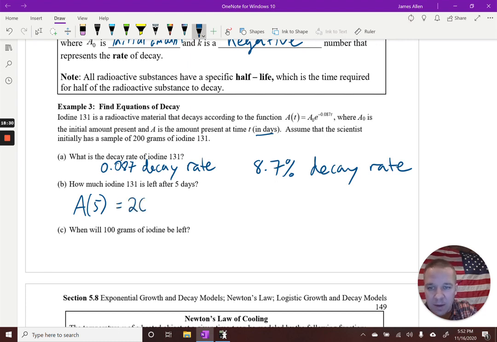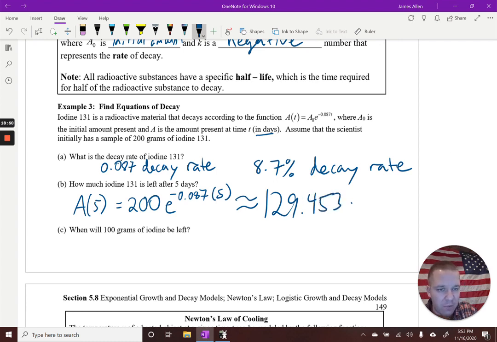He starts with 200 grams, and then we have E raised to the negative 0.087, and just substitute in 5 for T. Once we plug that into our calculator, we have 129.453 grams. Cool. I like it. Wonderful.